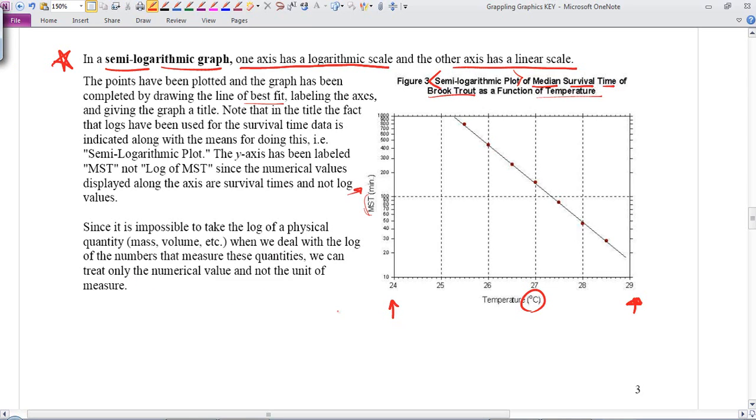So be sure you're aware of that. That's why we have just these numerical values along the temperature axis. But when you see a straight line, you can think about the fact that this is declining as it gets warmer. Now, if this were time, we could actually calculate a rate.